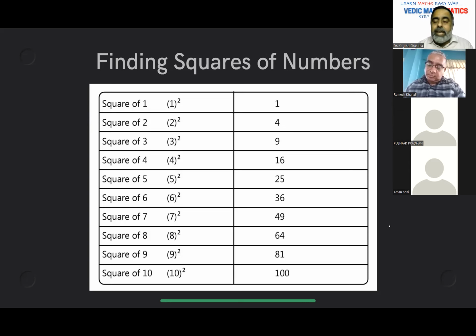So please write down this table in your notebook. Square of 1 is 1, square of 2 is 4, 3 is 9, 4 is 16, 5 is 25, 6 is 36, 7 is 49, 8 is 64, 9 is 81, and 10 is 100.